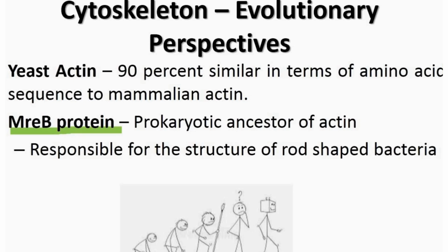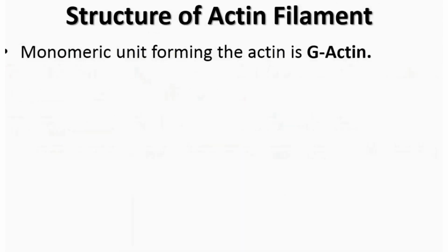So this gives an overview of the evolutionary perspective. Now when we come to the structure of actin filament, the monomeric unit forming actin is G-actin. It shall be better if I focus on the diagram.